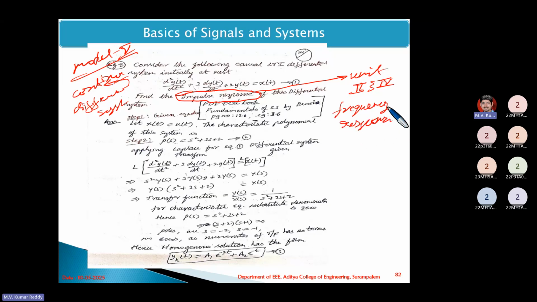In frequency response, we have to calculate H of omega. H of omega is called frequency response. After frequency response, we will calculate h of t. Here h of t is called impulse response. Very, very important.